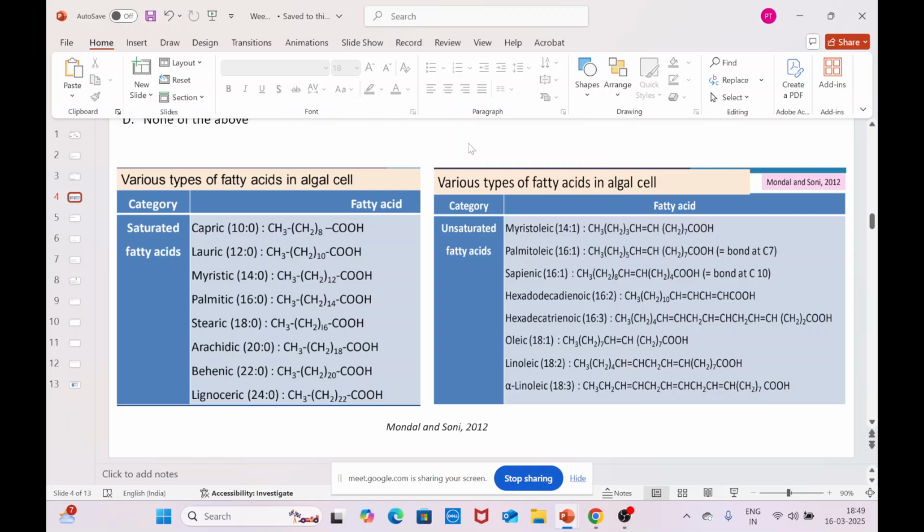That question is a very direct question. I have given the list of the acids and their categories, so you can find out yourself. I'm sorry, I cannot do much from my side in this.